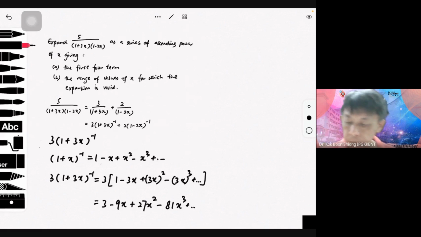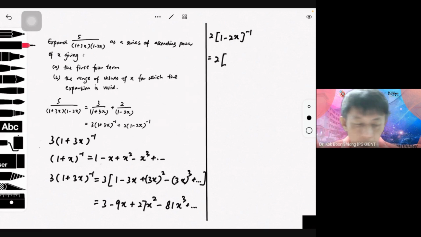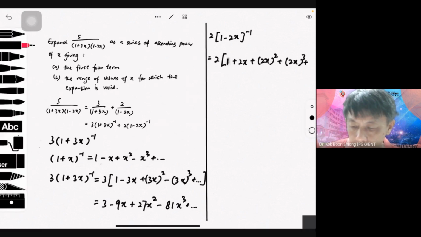For the second part, 2 times 1 minus 2x to the negative 1 equals, by formula, 1 plus 2x plus 2x squared plus 2x cubed, and so on to the last term.